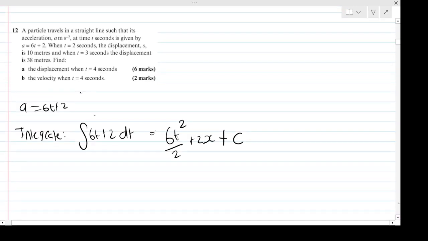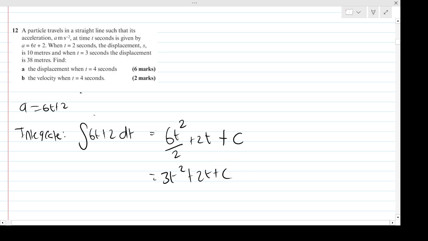If we then simplify it ever so slightly, this fraction here, 6 over 2, would go to 3. So it's 3t squared add 2t plus c. Okay, there we are. Now the issue is, what is this plus c here?